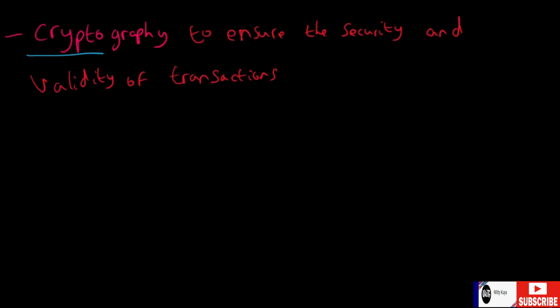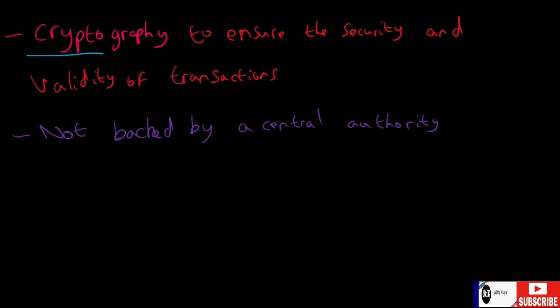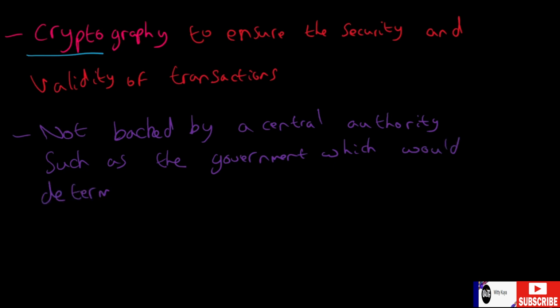Another crucial thing about a cryptocurrency, and the technologies that power cryptocurrency, is they are not backed by a central authority such as the government, which would determine its value.